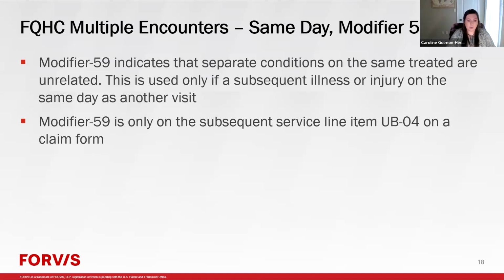So we really want to watch coders just arbitrarily assigning modifier 59. We do see it quite often, but it truly is meant to be used only when that patient is coming in receiving treatment for something unrelated to the first visit.